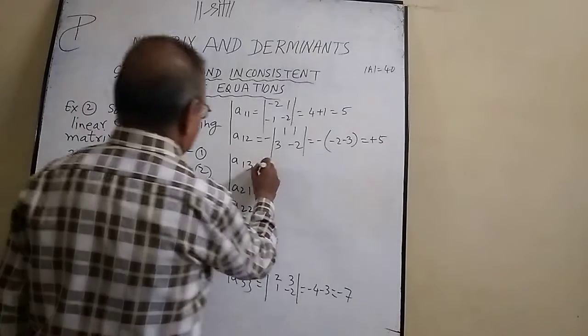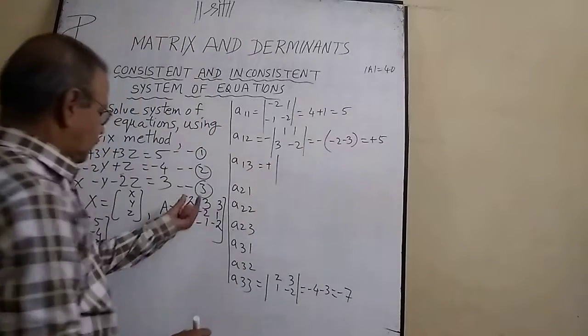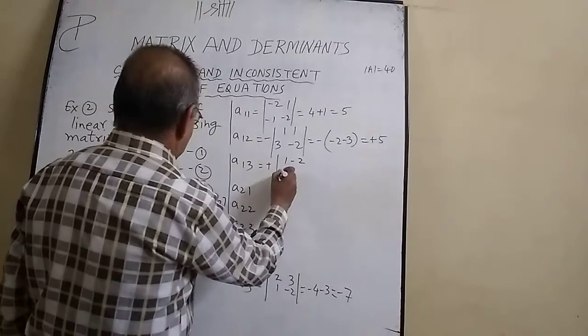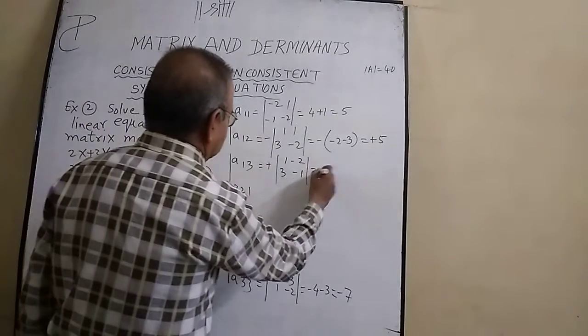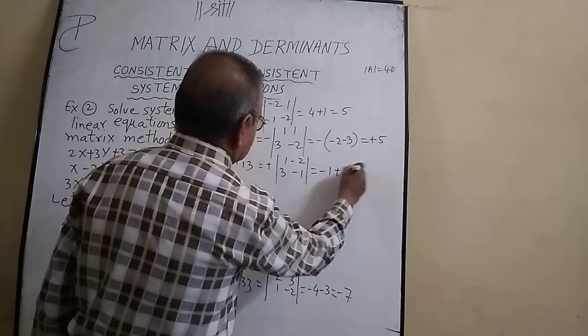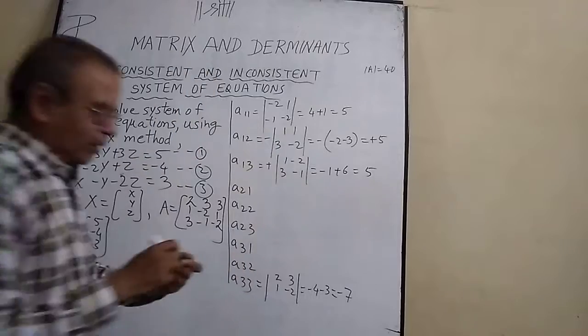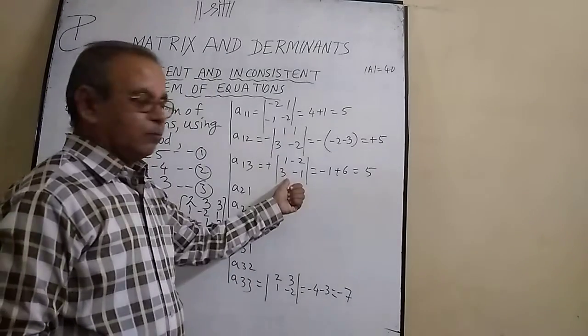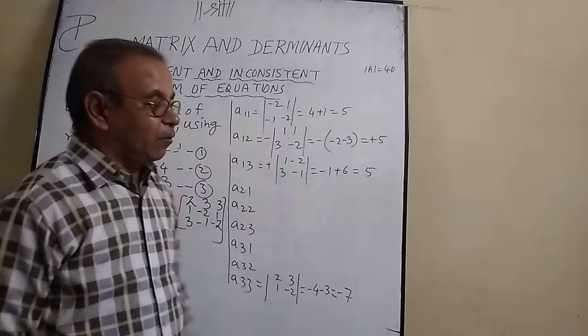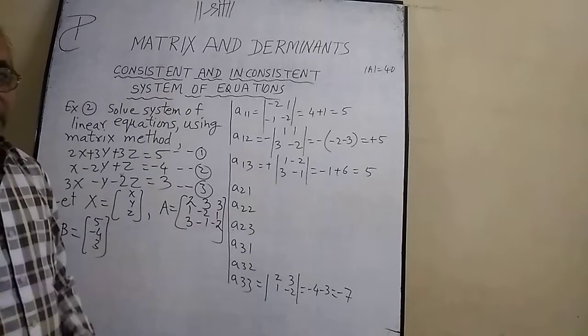A13 is equal to plus, this is 1 minus 2 and 3 minus 1, which is minus 1, and this is plus 6, which is equal to 5, because 3 and minus 2 is minus 6, and minus becomes plus. So that is minus 1 plus 6 is equal to 5.